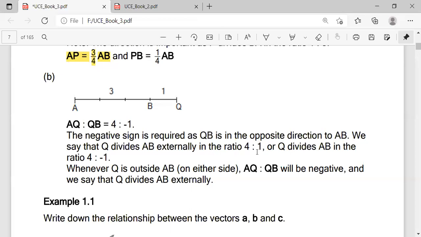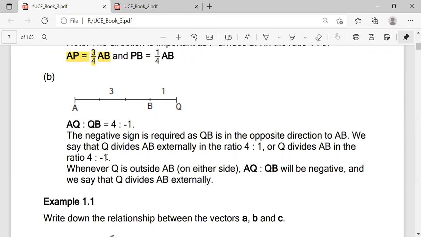So you can have AQ to BQ, and you have 4 to 1. Or you can have AQ to QB, and you have 4 to -1. Is it clear? Yes, teacher.